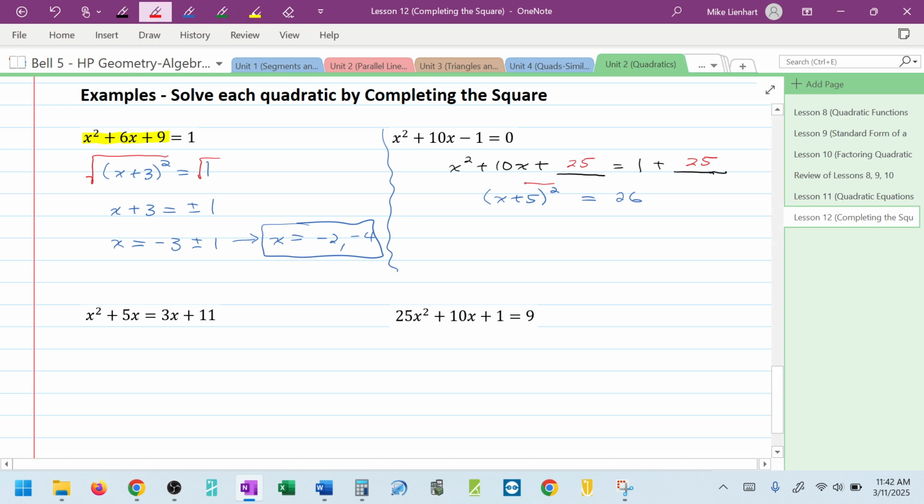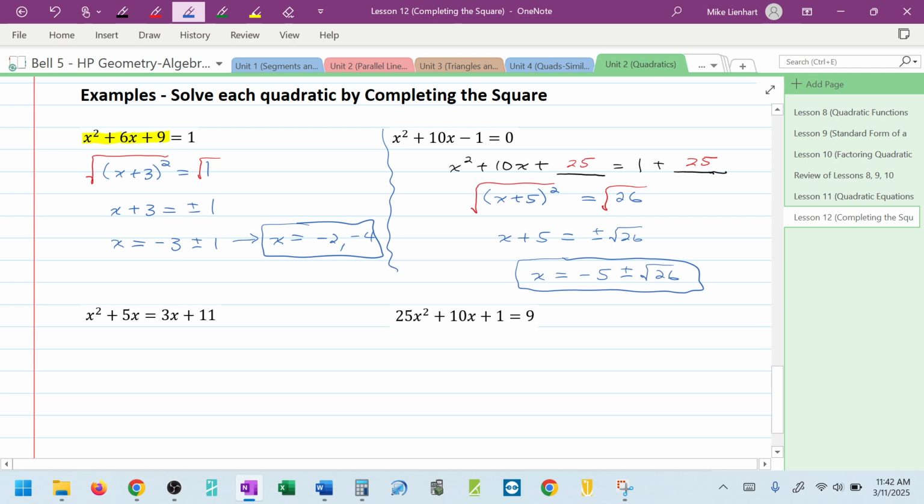I'm going to square root both sides. That leaves me with x plus 5 is equal to plus or minus square root of 26. 26 doesn't have any perfect square factors, so I'm going to leave it as square root of 26. And then if I solve for x, I get negative 5 plus or minus square root of 26.